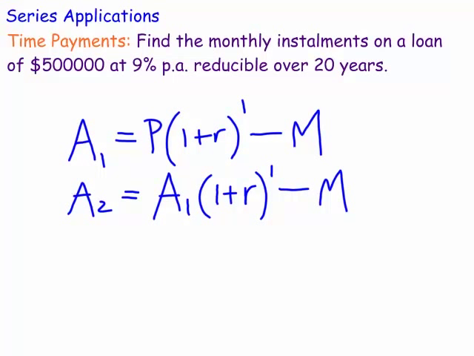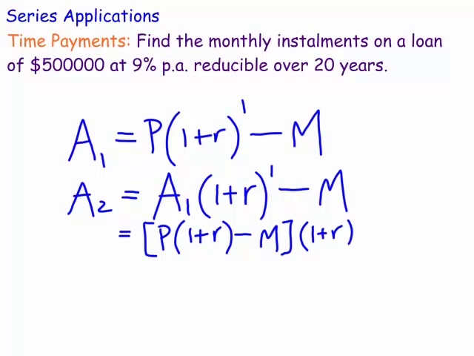So let's actually work out what that would be if I substitute A1 as the top expression. So this is really P(1 + R) minus M, and I just won't write the ones in at the moment, so it's times (1 + R) minus another M.